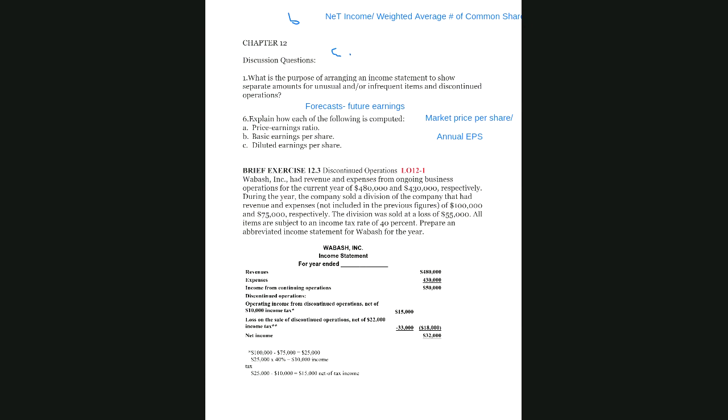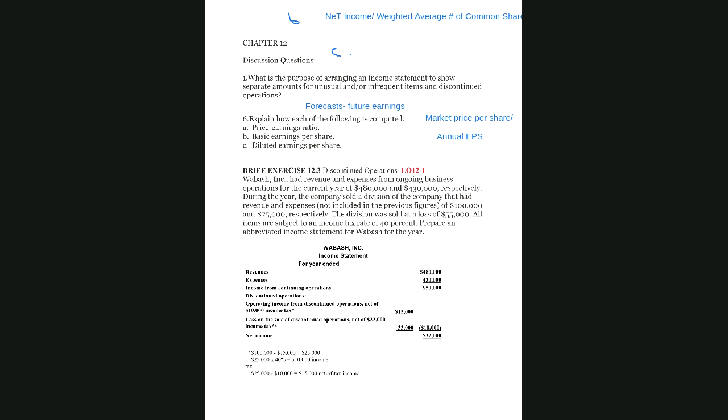Remember, diluted earnings per share is going to be calculated for a corporation if and only if they have what outstanding? What has to be outstanding for a corporation to have diluted earnings per share?